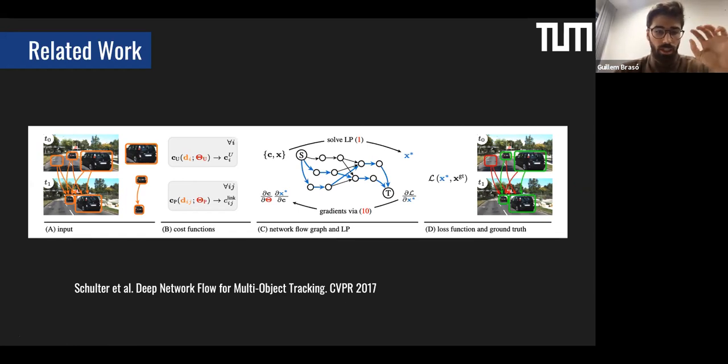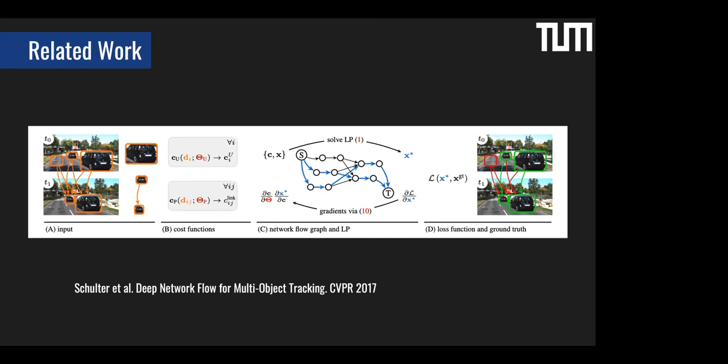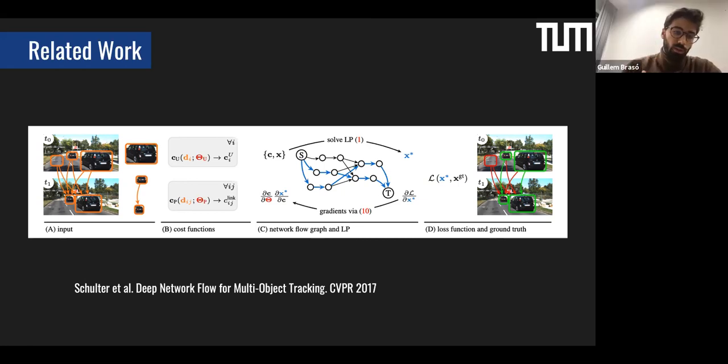So for every object itself, you could have a unary cost representing the likelihood that the object is an object or it's a false positive detection, so there's nothing there. So the idea is that in this way you can also not only link objects but also filter out false detections with the optimization problem.